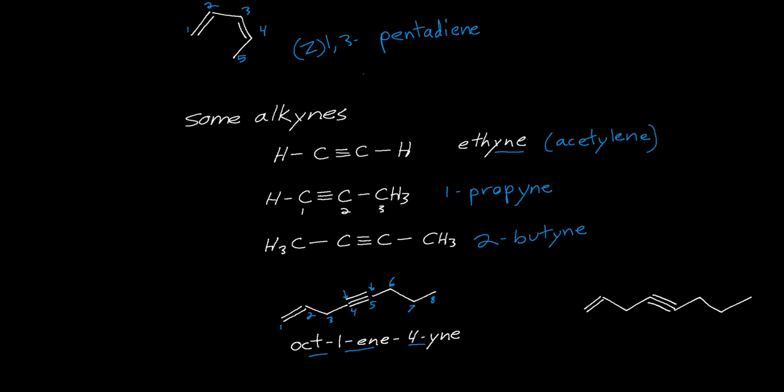So it's 1-ene, 4-yne. And notice how I've drawn this linear. Don't ever forget that alkynes are linear. This is the same thing drawn like I've seen it often, unfortunately. And do not draw it like that. It's not trigonal planar like a double bond. It's linear. sp hybridized, linear geometry.